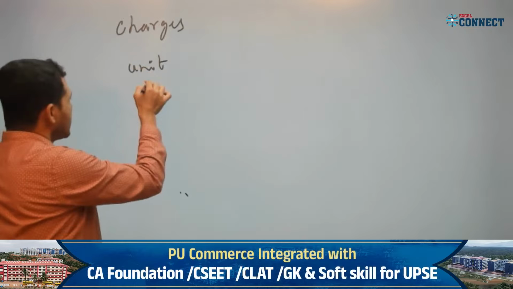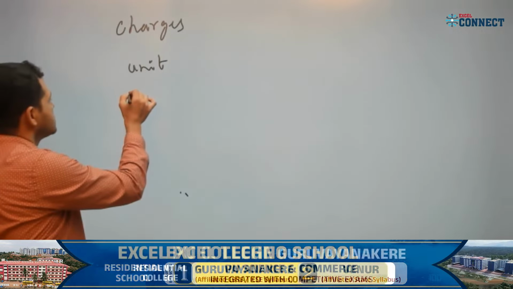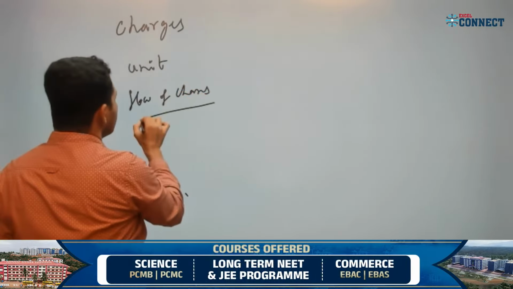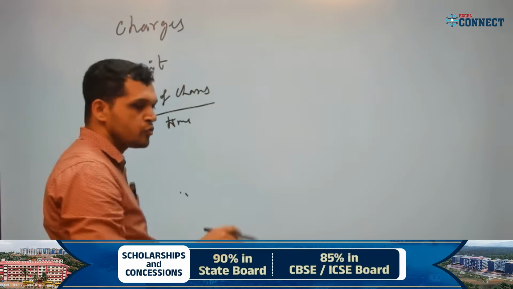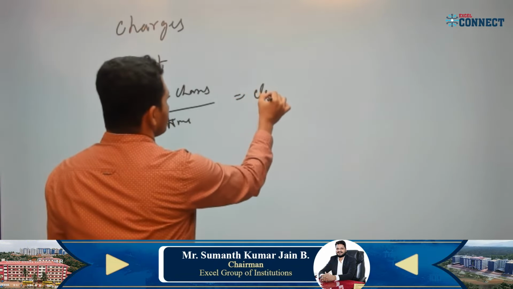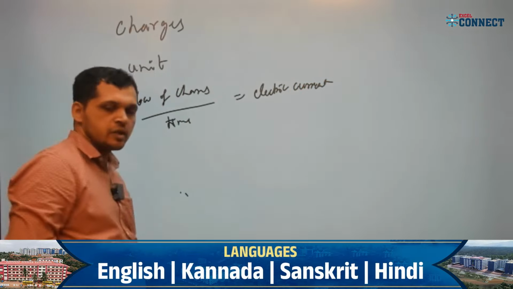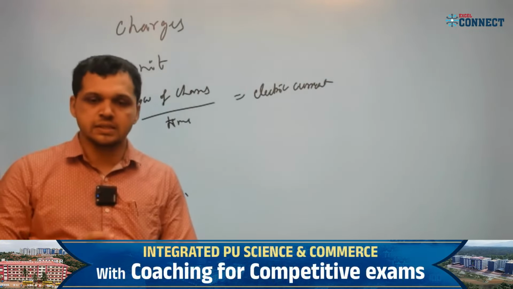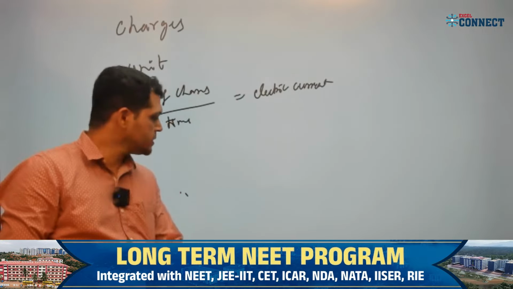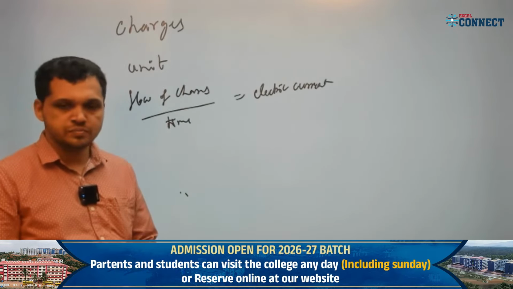Flow of charge per time, that means the rate of flow of charge, is electric current. All these concepts we discussed in detail. The expression for current was also given, and in today's class I will continue from these concepts of electric current.